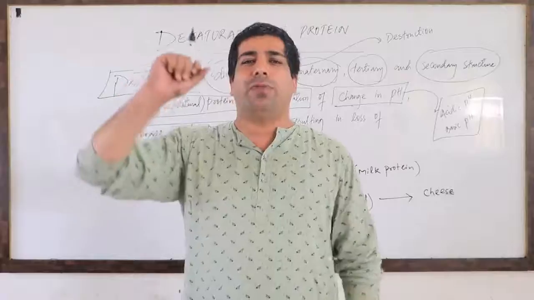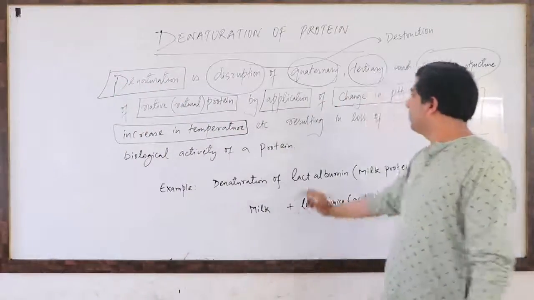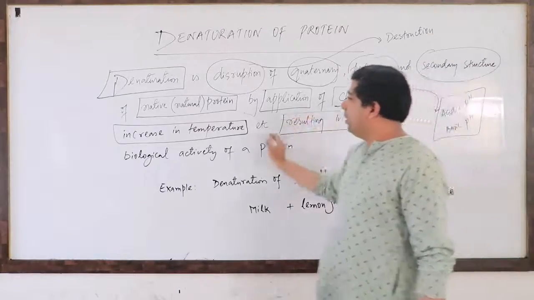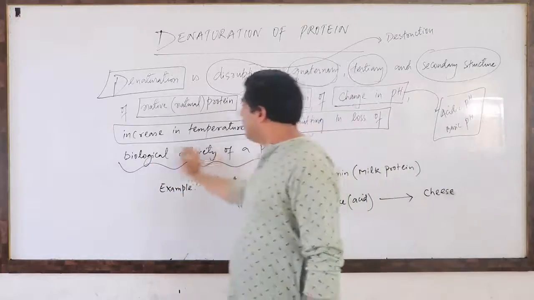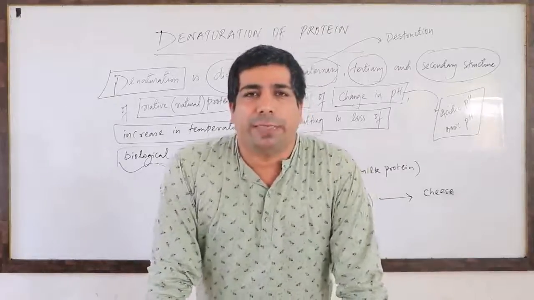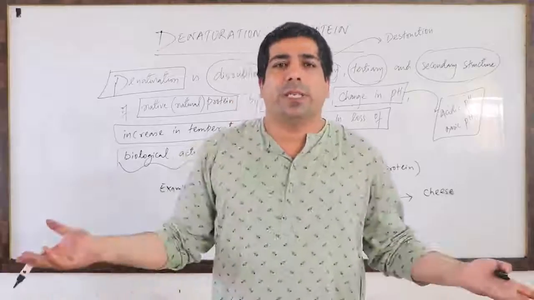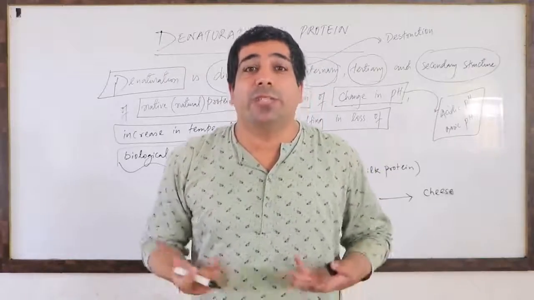Because of the loss of those structures, it will result in the loss of biological activity of the protein. Its biological activity will disappear, so it cannot perform its biological activity now.